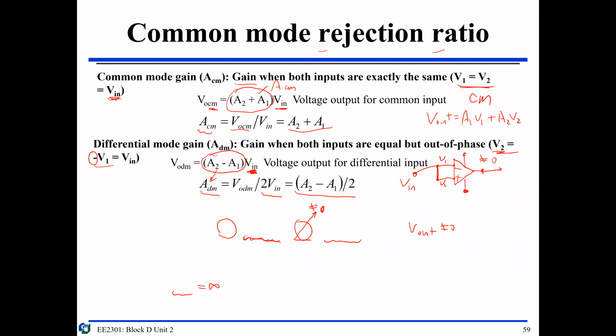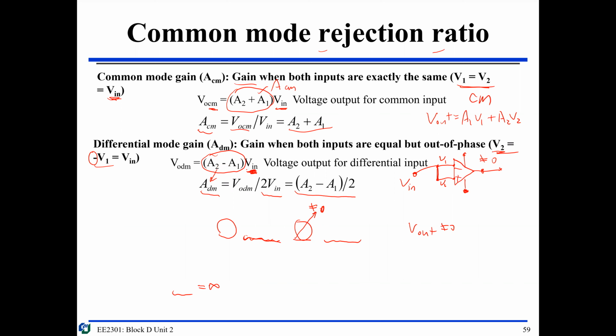This is called differential mode. The differential input is 2 V in, because then you have A2 minus A1 times V in, and V in is for the differential input.